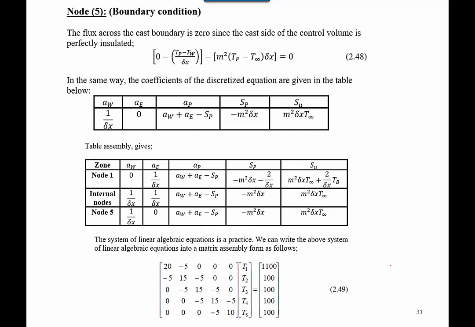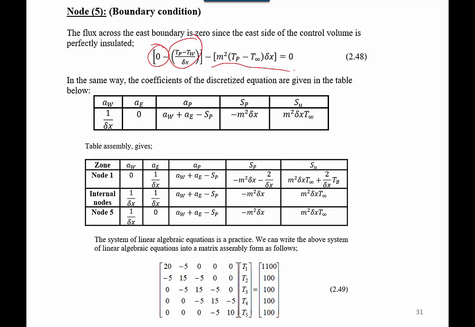For control volume number 5, which is at the far east, the gradient of temperature is 0 at the east interface. Therefore, the value which represents the gradient at the east is 0 minus the gradient at the west side of control volume number 5, Tp minus T west over delta x, minus the same parameter here. It will give us equation 248.